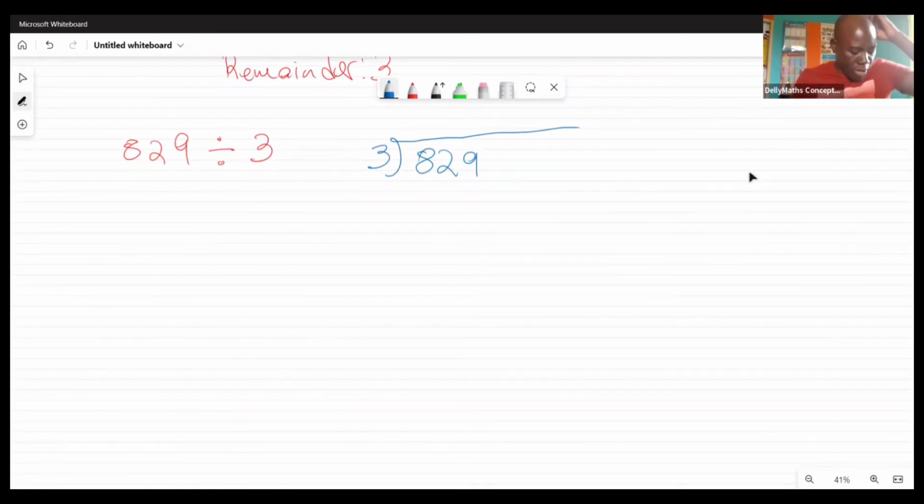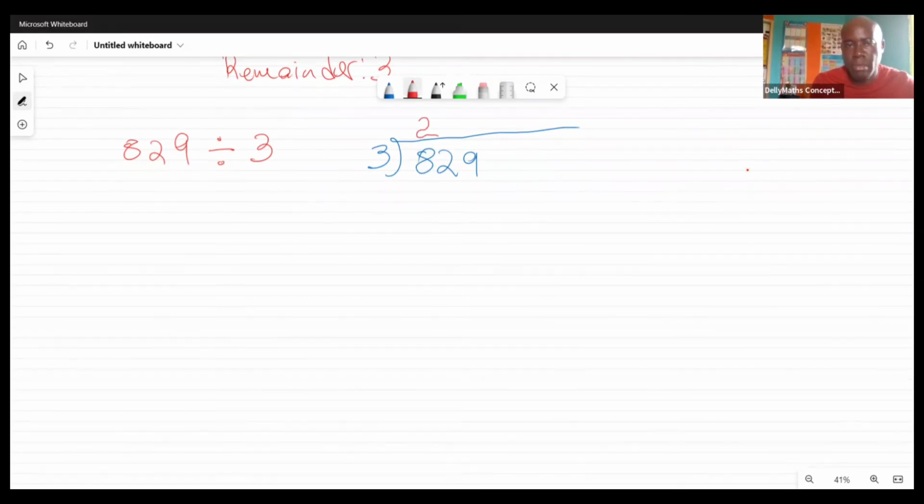We're going to do some division now. 3 into the 8 goes 2 times. Notice my 2 will be over the 8. I don't just put it anywhere. Look where it is, over the 8.